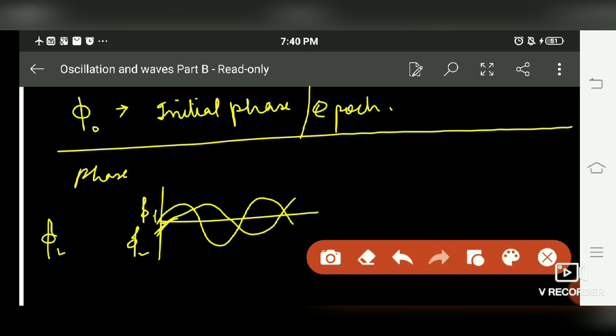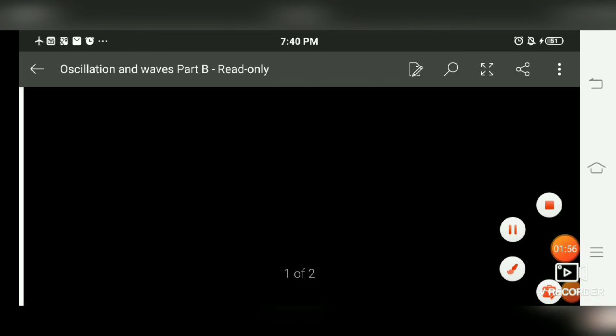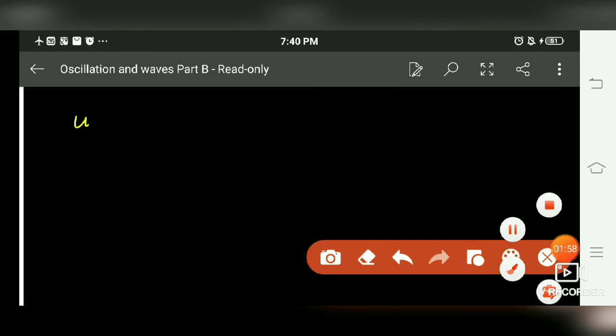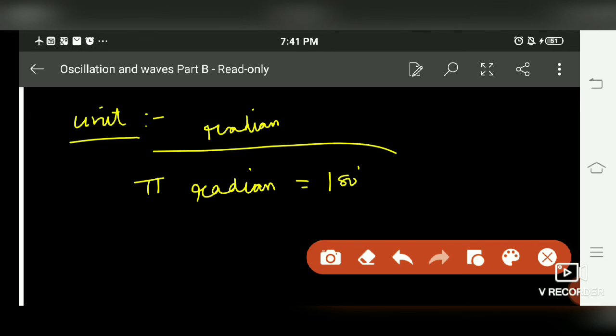The difference between their phases, phi 2 minus phi 1, gives the phase difference, where the unit of phase, epoch and phase difference is radian. And we know pi radian equals 180 degree. This is the relation between radian and degree.